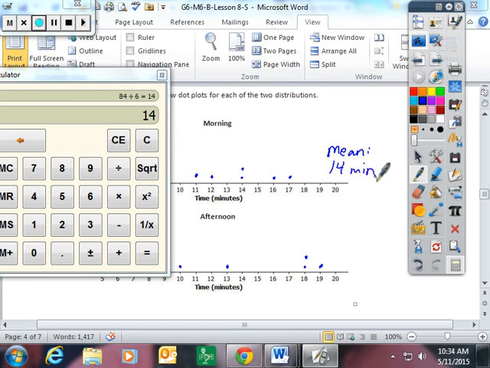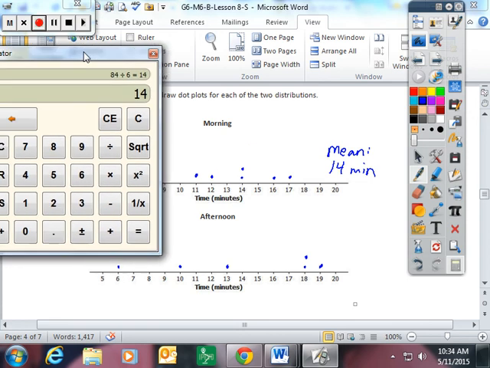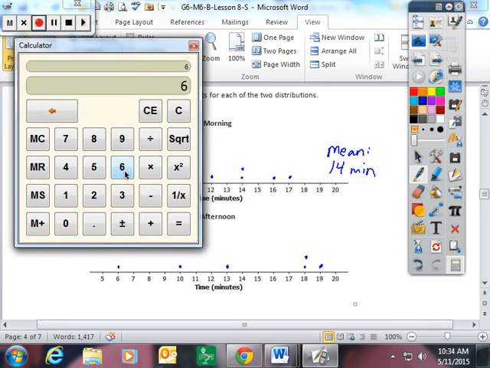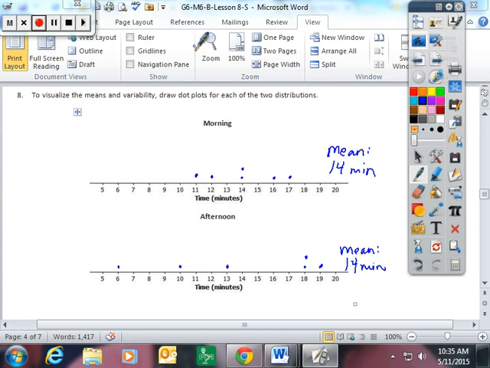Okay, and then we are going to calculate the average time it takes to get home in the afternoon. So I add up all of the dots, and there's 6 people that they surveyed here, and the mean was also 14. So the lesson went on to ask, is a mean of 14 a better representation for the morning or the afternoon bus ride home?